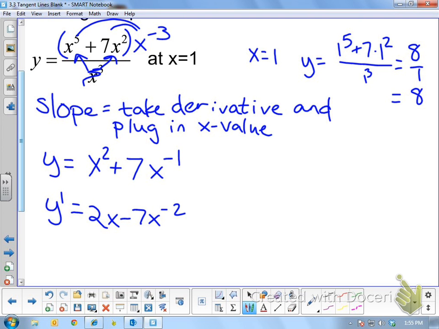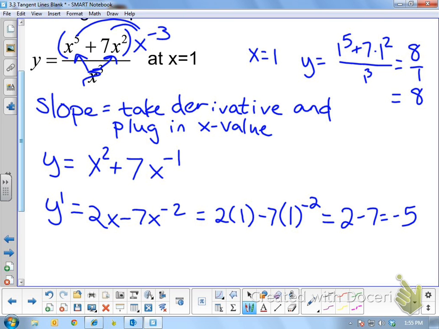So I plug in 1. 2 times 1 minus 7 times 1 to the negative 2. Now normally we do have to move negative exponents back down, but 1 to anything is still 1. So since x was 1, I'm not going to bother moving the exponent back down. So we get 2 minus 7, which is negative 5.